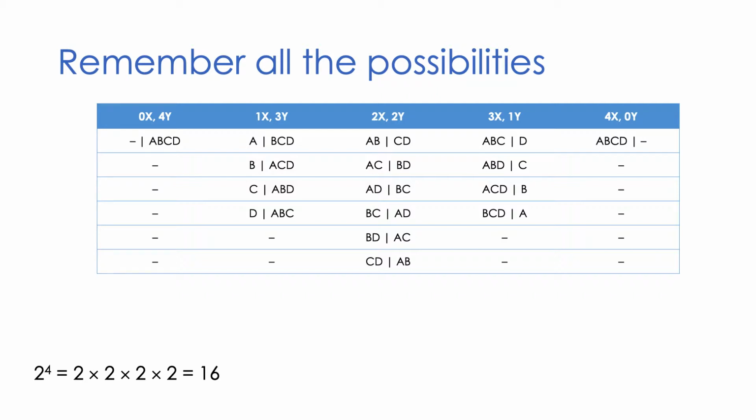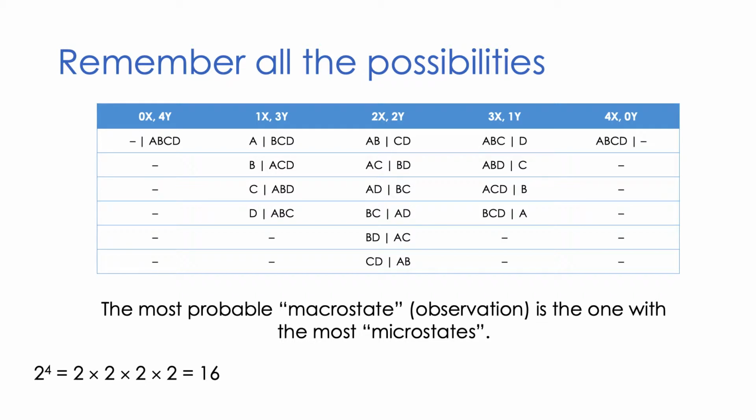Now, the importance of this, and why we are taking some time to really understand it, is that according to statistical mechanics, the most probable macrostate or observation is the one with the most microstates. This is a fundamental core concept that we need to remember because it's essential to our understanding of the microscopic world.